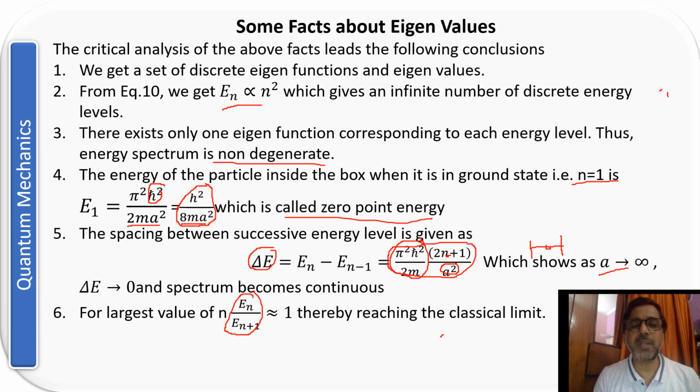If you take the ratio between them, it is nearly equal to 1. For the largest value of n, En upon E(n plus 1) is approximately equal to 1, thereby reaching the classical limit. These are some of the facts about the eigenvalues that we should understand conceptually, and accordingly deal with them.